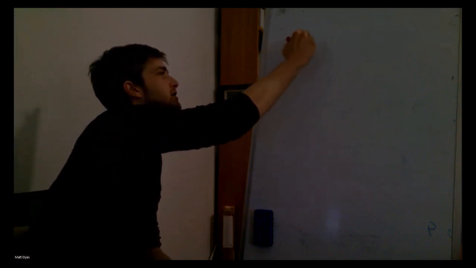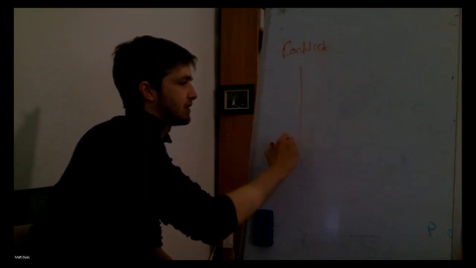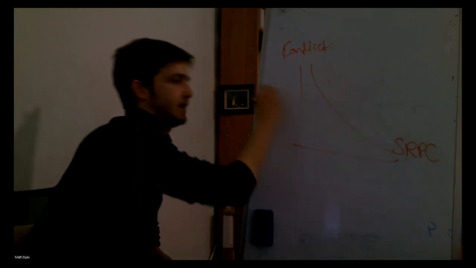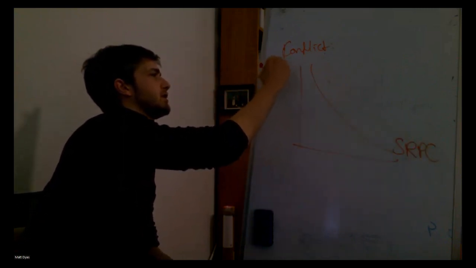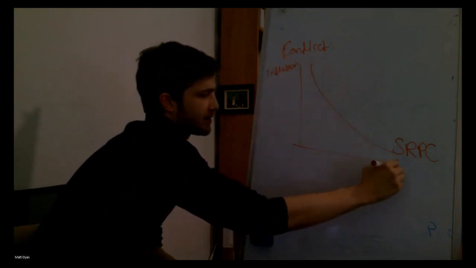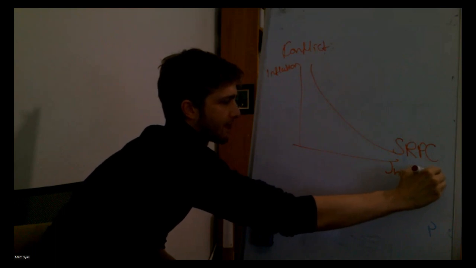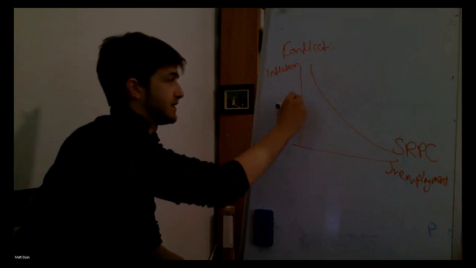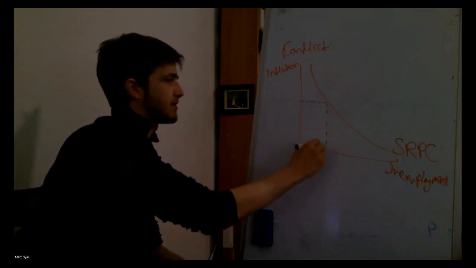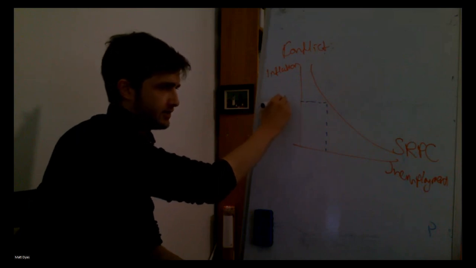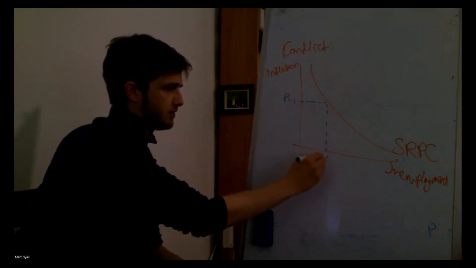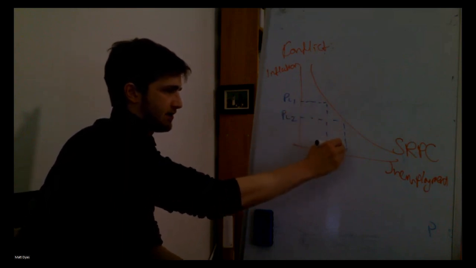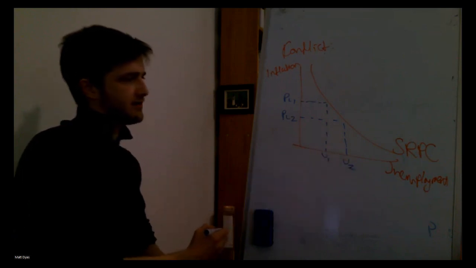And the conflict here is represented by something called the Phillips curve, or the short run Phillips curve, which has inflation on the Y and unemployment on the X. And if you make this point, all you really need to do is just explain this diagram, literally just tell the examiner, we can see from the short run Phillips curve that if you want to reduce the level of inflation from PL1 to PL2, you must accept an increased level of unemployment.